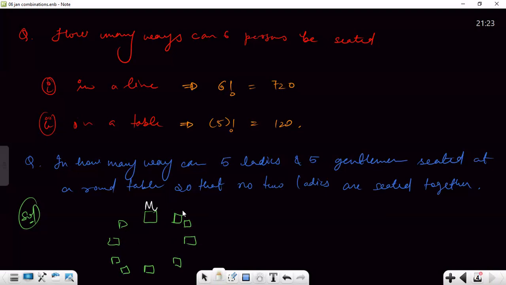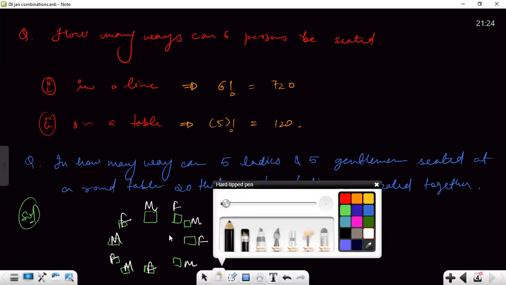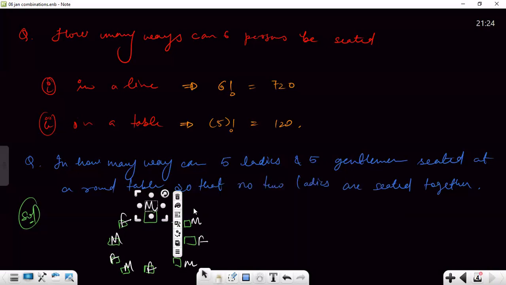Now we have nine seats left. If there is a male, then there should be a female next. Male here, female here, male here, female here, male here, female here, male here, and then female here. Cool. We have chosen this person as our fixed seat, as our reference.